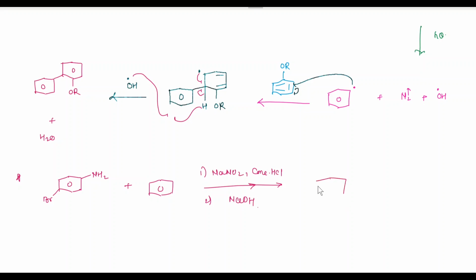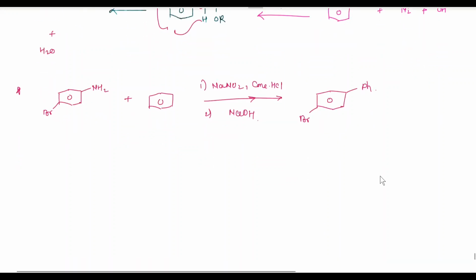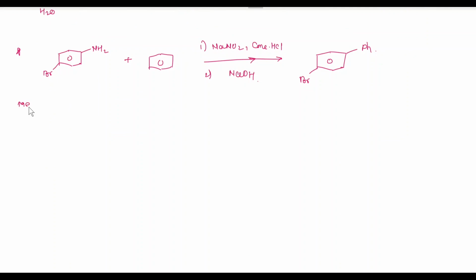Here we get a para-bromobiphenyl compound. Now moving towards the mechanism. This para-bromoaniline reacts with NaNO2 and concentrated HCl to form the diazonium salt.